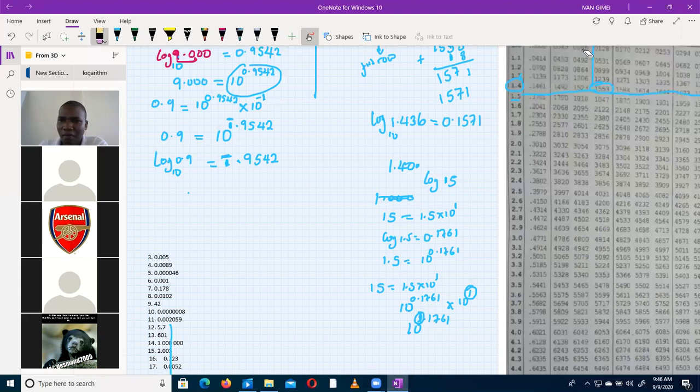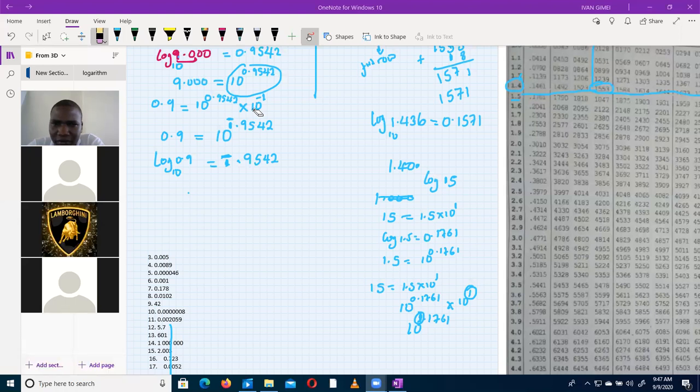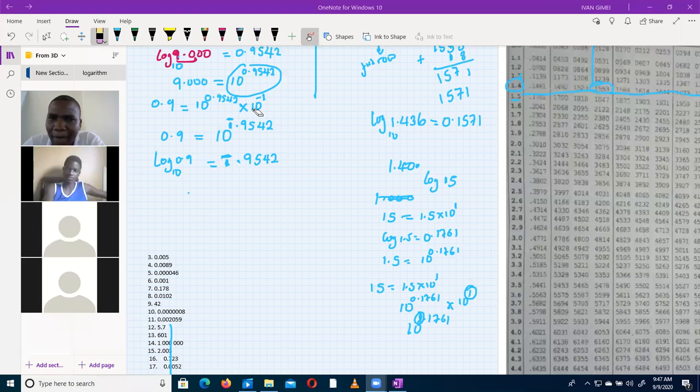What if when you put the number in standard form and the power you get is not negative, do you put a bar when you're writing the logarithm?